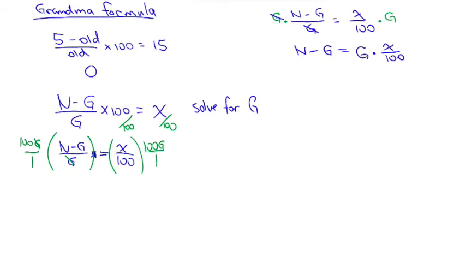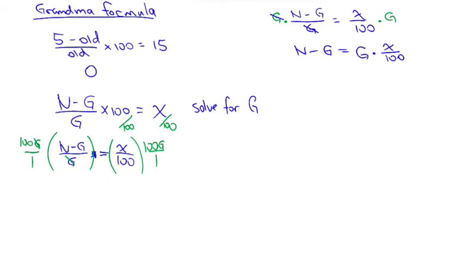Now I could solve for g, but what I'm really going to do is solve for n. But solving for n will help me solve for g in a weird way. So I'm going to solve for n. So I need to move that g, the minus g. If I move minus g to the other side, it becomes plus g.